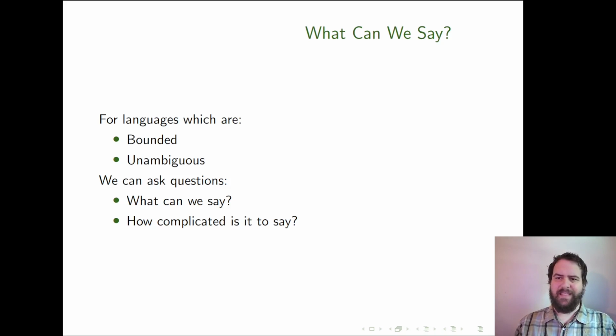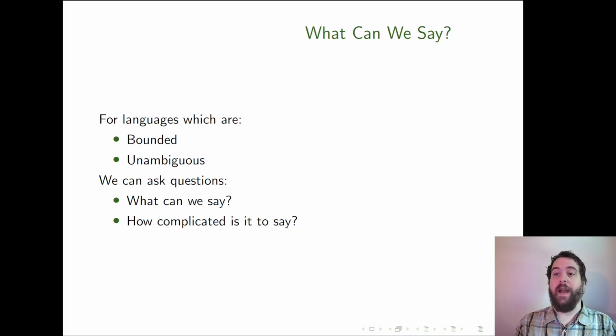So let's think about this from an analogous perspective. Suppose that you have a computer programming language. Because that computer programming language is bounded, what constitutes a valid program is very precisely defined by the specification of that programming language, and unambiguous.